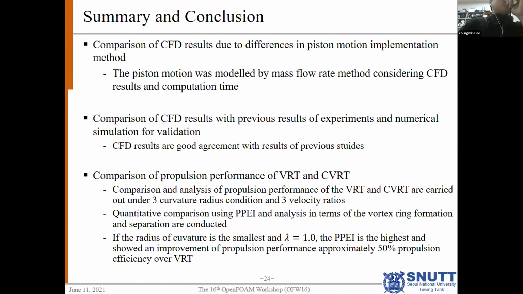Quantitative comparison using PPEI and analysis in terms of the vortex ring formation and separation are conducted. If the radius of curvature is the smallest and lambda equals 1, the PPEI is the highest and shows an improvement of propulsion performance of approximately 15% over VRT.